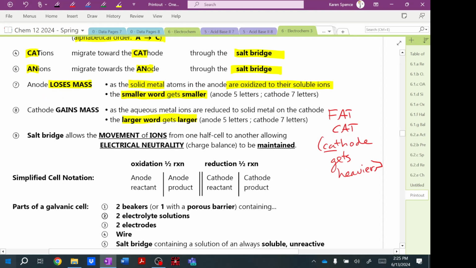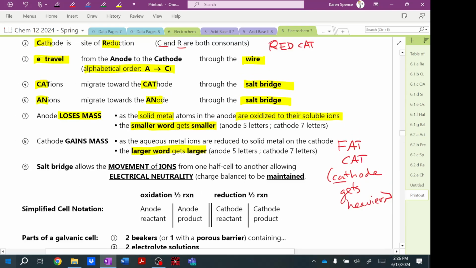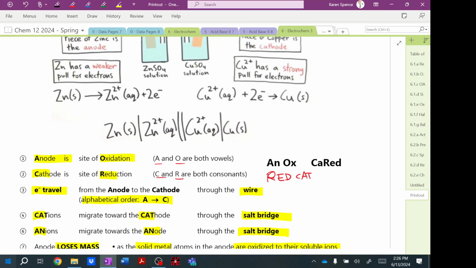You should be able to describe the function of the salt bridge. What is the function of the salt bridge? Tell your partner. Why do we use a salt bridge? So that it lets the buildup of positive and negative charge neutralize.